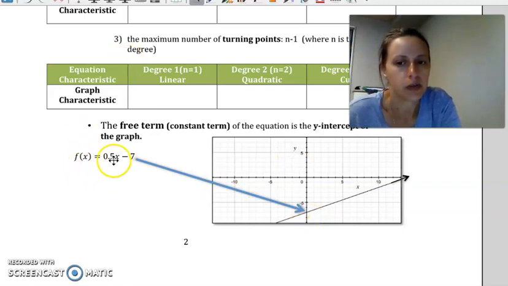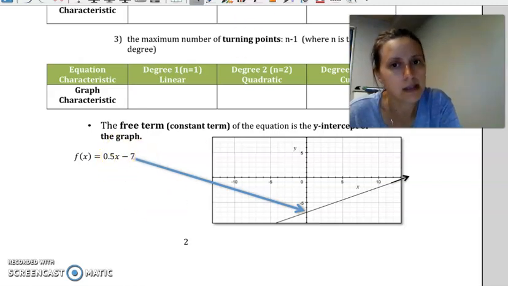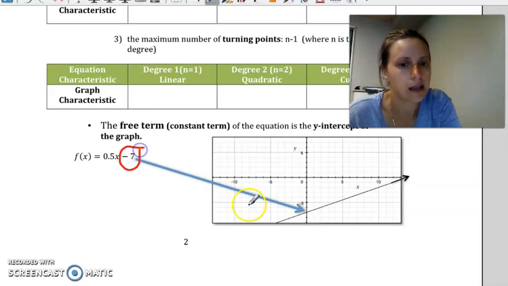So you have this polynomial function. It's linear, 0.5x minus 7. The minus 7 is the free term. So the free term tells you exactly where your graph crosses the y-axis. It's at the point (0, -7), and that is the point form of writing that y-intercept.